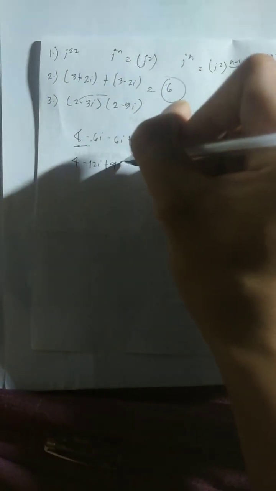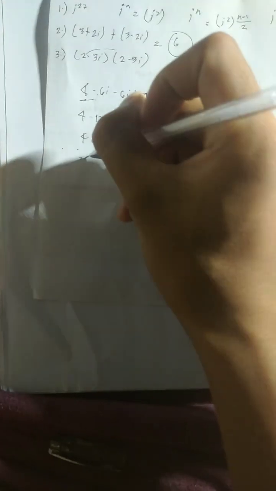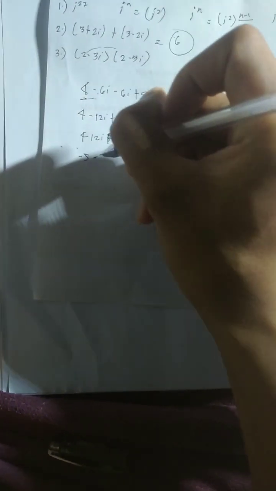So plus 9 times negative 1, and then simplify. 4 minus 12i minus negative 9, and then combine like terms again. 4 minus 9 is equal to negative 5 minus 12i. So this is our final answer.